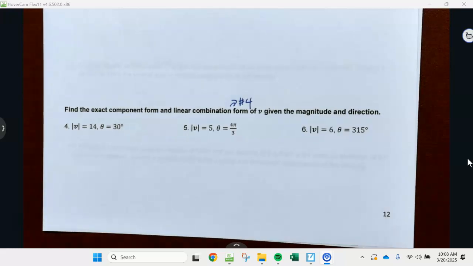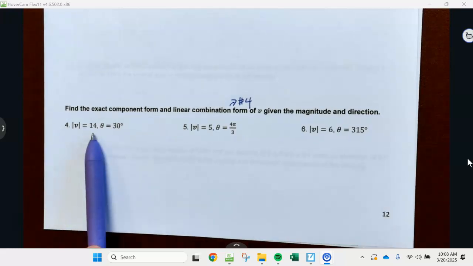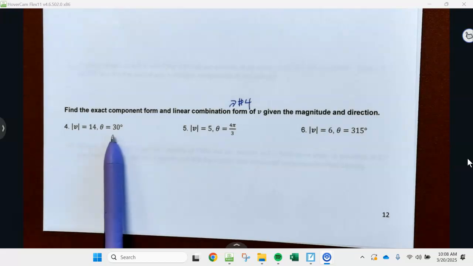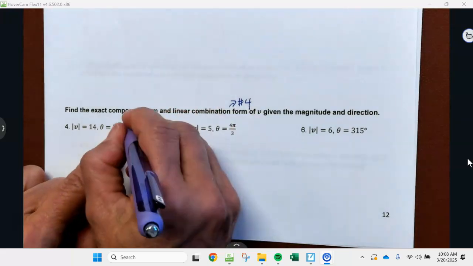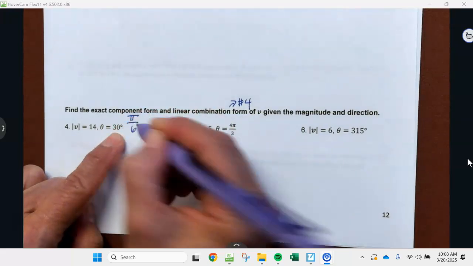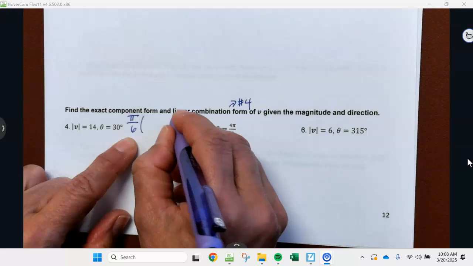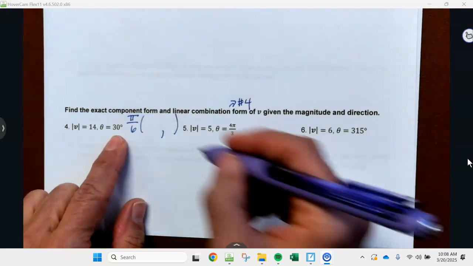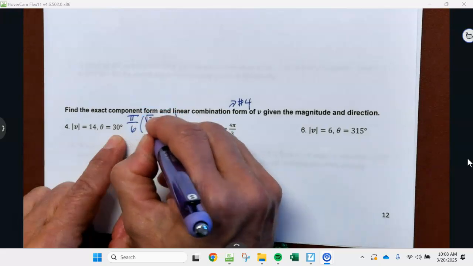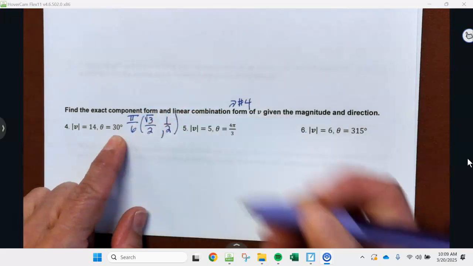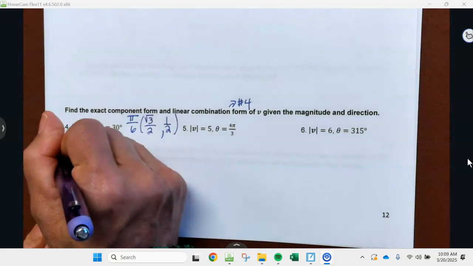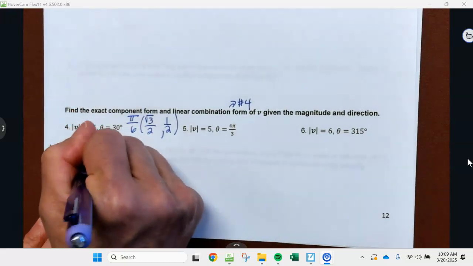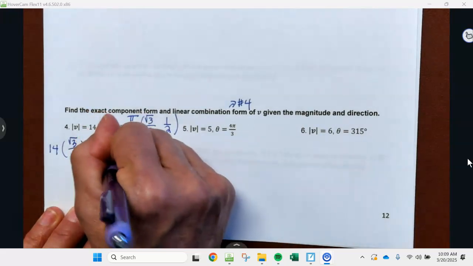All right, in order for us to do that, remember component form is the magnitude times the ordered pair. So I just need to figure out the ordered pair for 30 degrees. Remember, 30 degrees is pi over 6. So the ordered pair on the unit circle, where this is at 30 degrees, is going to be root 3 over 2 and a positive 1/2. So I'm going to take that 14 and distribute it to both the x-coordinate and the y-coordinate.